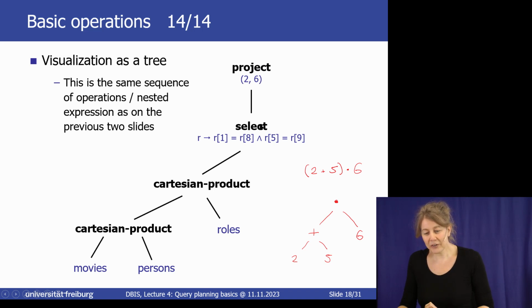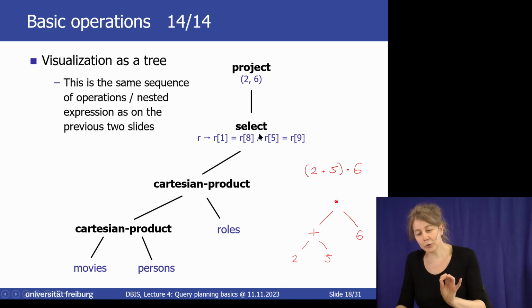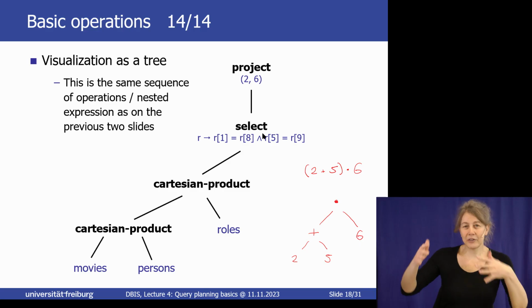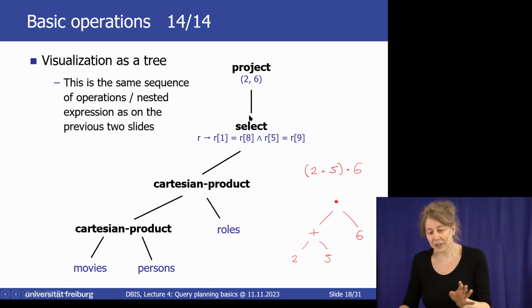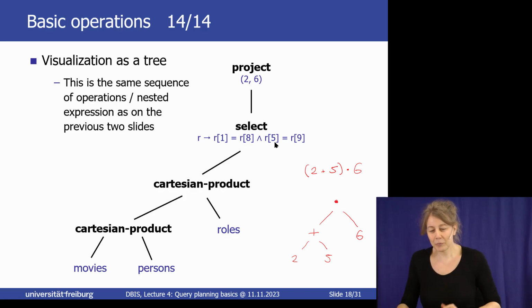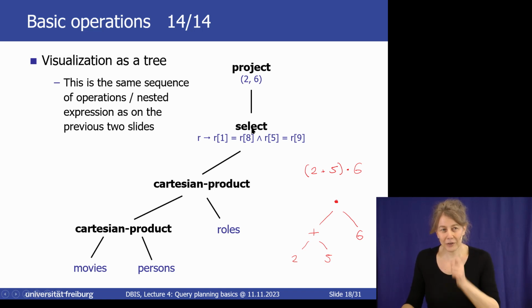So I wouldn't say these are the input arguments of the operations, these are the parameters of the operation. For some of these operations, the input is always tables, so the tables I put as leaves, and these are the parameters. Does that make sense? So it's like saying this is a different operation than if I write something else here. But they all belong to a class of operations.